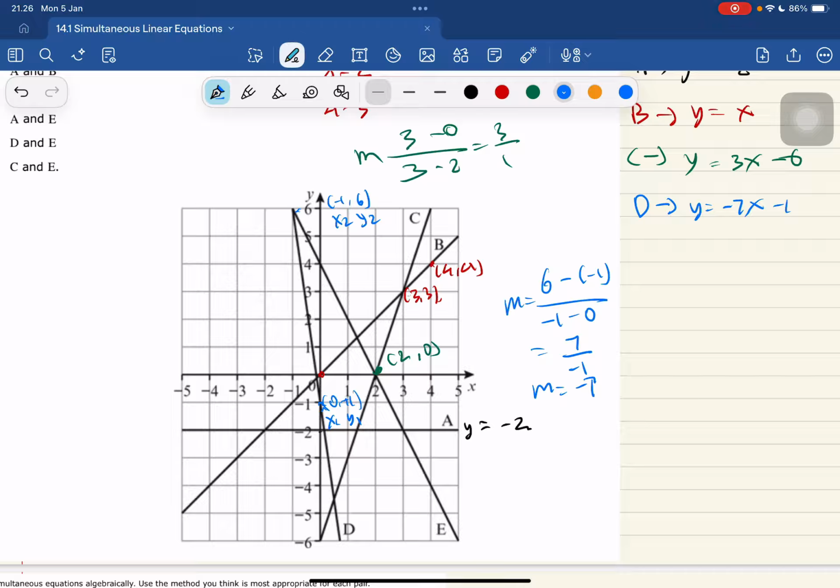Okay. Next, the last line is E. Okay, let us use this point. So this is 4 and minus 4. And we can use here this point, 3 and minus 2. So minus 4 minus minus 2, the gradient divided by 4 minus 3.